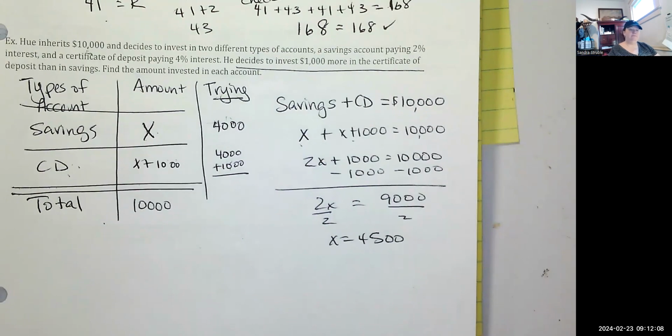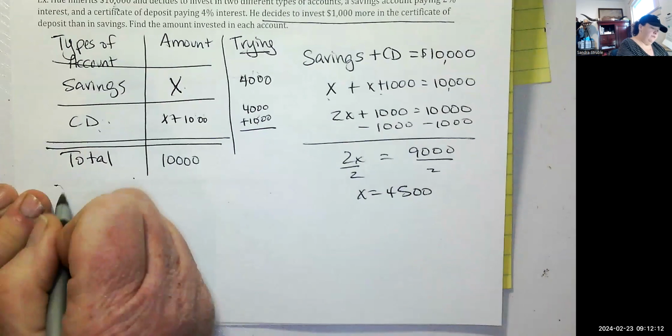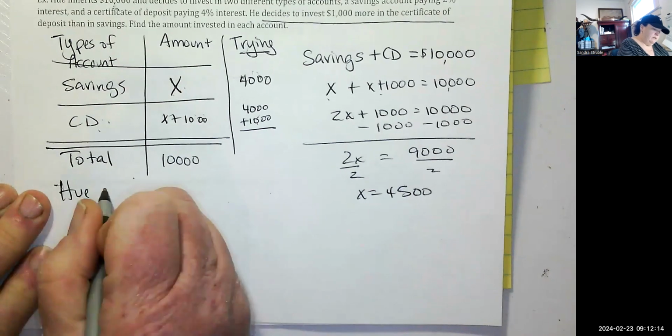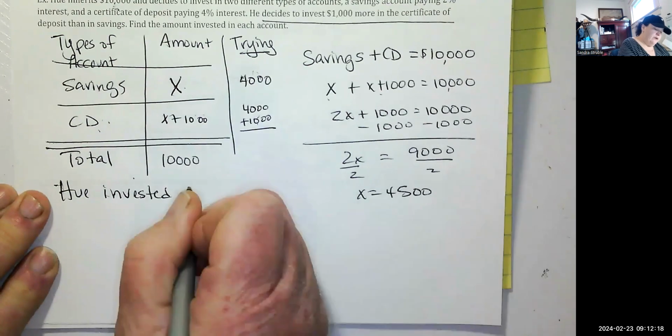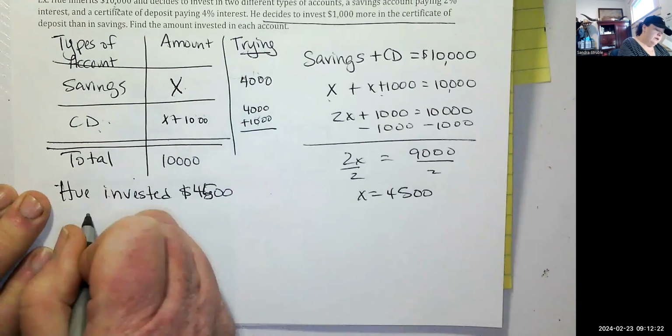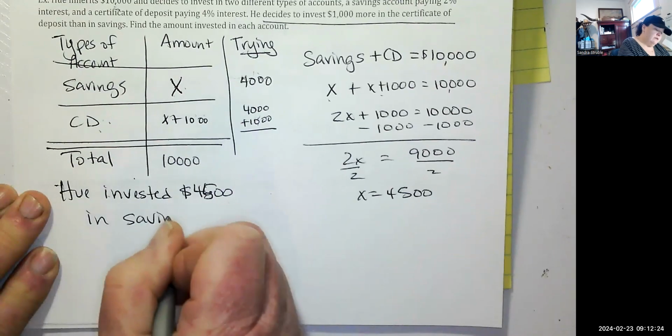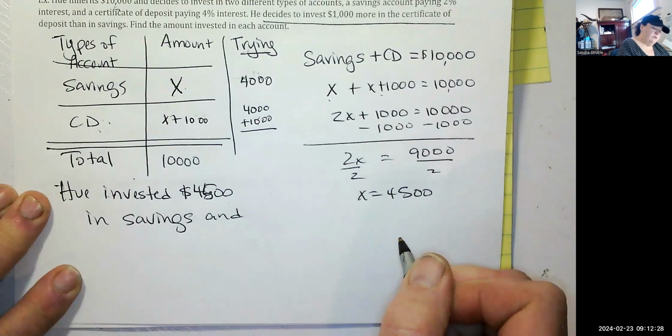That tells me that Hugh invested $4,500 in savings. And how do I find out the other one?